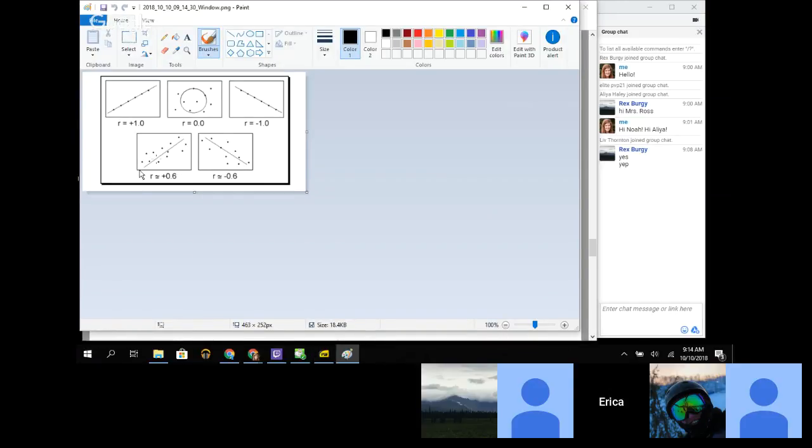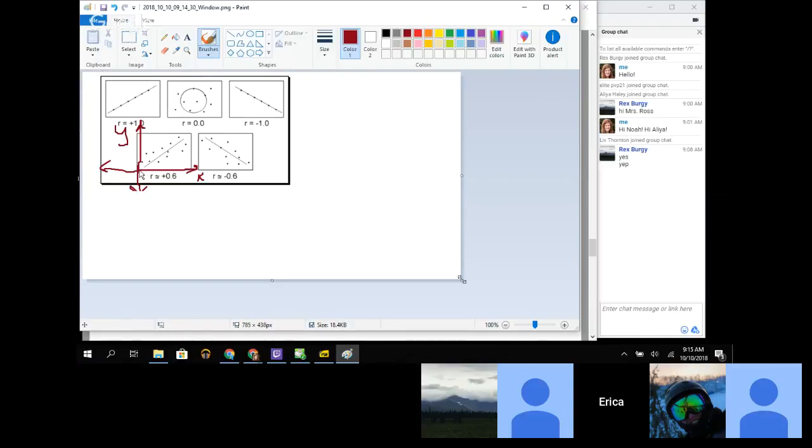Okay. So if you have a coordinate plane, and this is your y, and this is your x, and x represents the number of hours. This x is hours spent selling Girl Scout cookies, and this is amount sold.